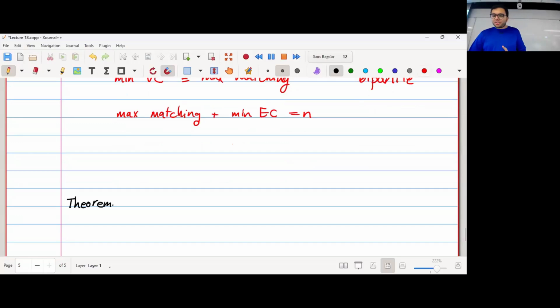Now, importantly, I can say this only if I can talk about edge covers, so if I have a graph with no isolated vertices, no vertices of degree 0.